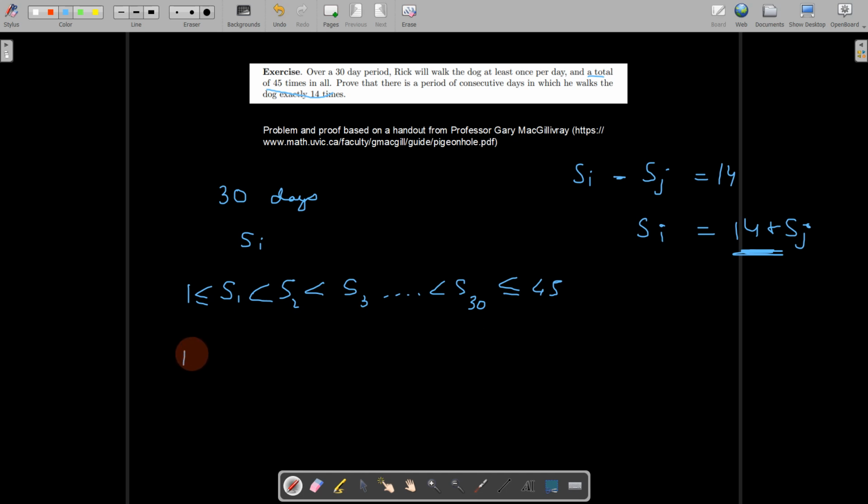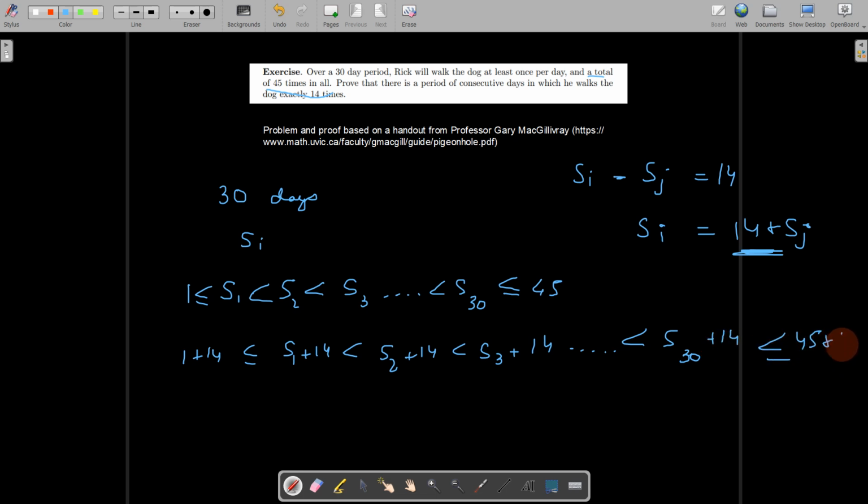So 1 plus 14 is less than or equal to S1 plus 14, and I know that S1 and S2 are strictly increasing, because the minimum difference between S2 and S1 is 1. So S2 plus 14 is less than S3 plus 14, and so on, less than S30 plus 14, which is less than or equal to 45 plus 14.